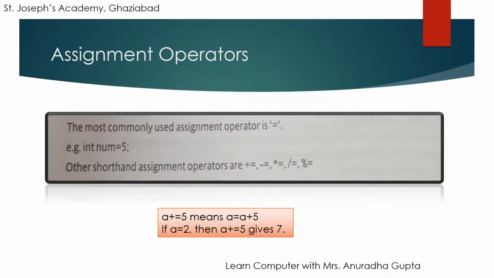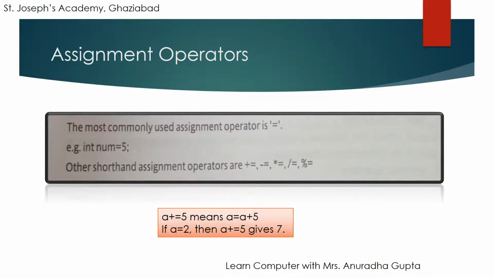Here we are assigning 5 to a variable num. Some other shortened assignment operators which we use in Java are plus equal, minus equal, multiply equal, divide equal, modulus equal.